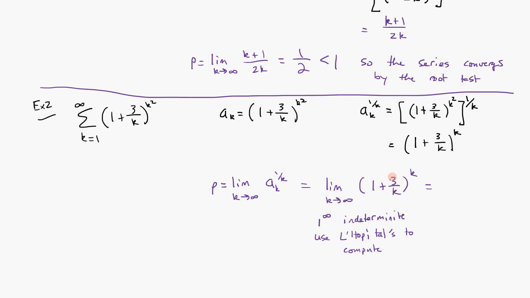I'm going to skip the computation, since we've done several of these before. You'll see that this is e to the third power, which is bigger than 1. So according to the root test, because this is bigger than 1, the series diverges.